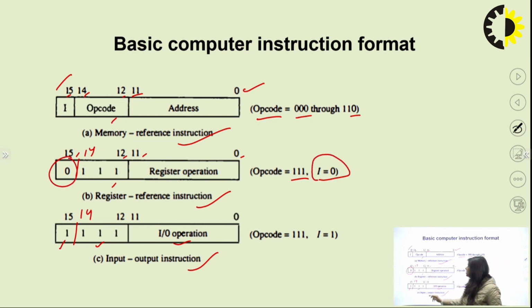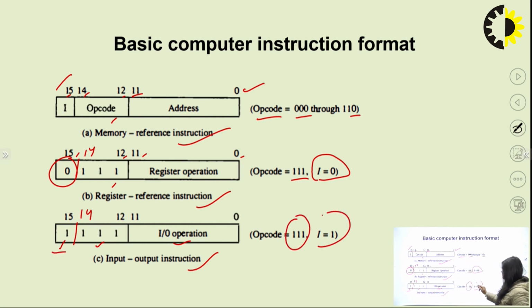And again in the input output instruction the opcode will be 111 and the highest bit will always be 1. So these are the basic differences between memory reference, register reference, and input output instructions.